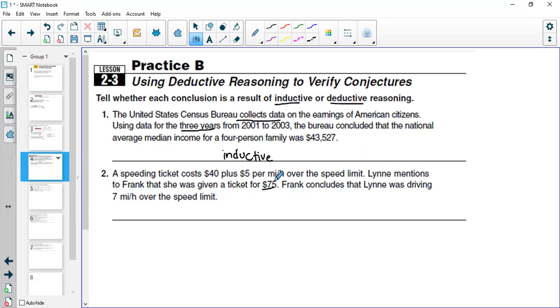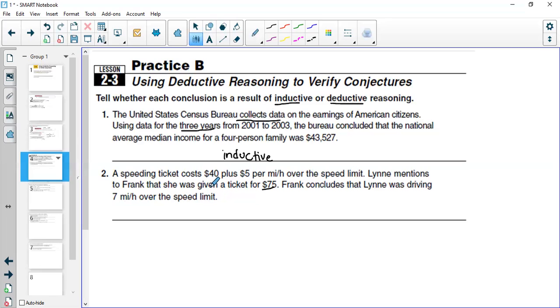Now in this one, Lynn just said that she got a ticket for $75. But what did Frank do? Quickly, he calculated everything, because definitely we don't know which speed Lynn went, right? So he calculated by himself, using his mind.